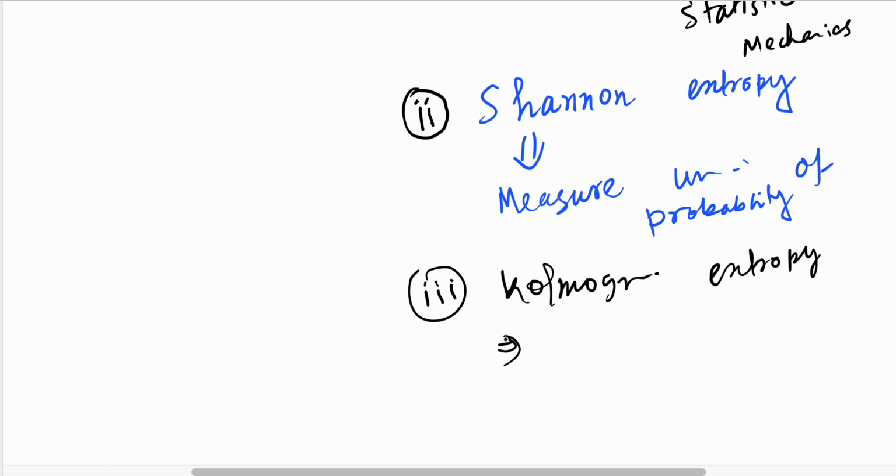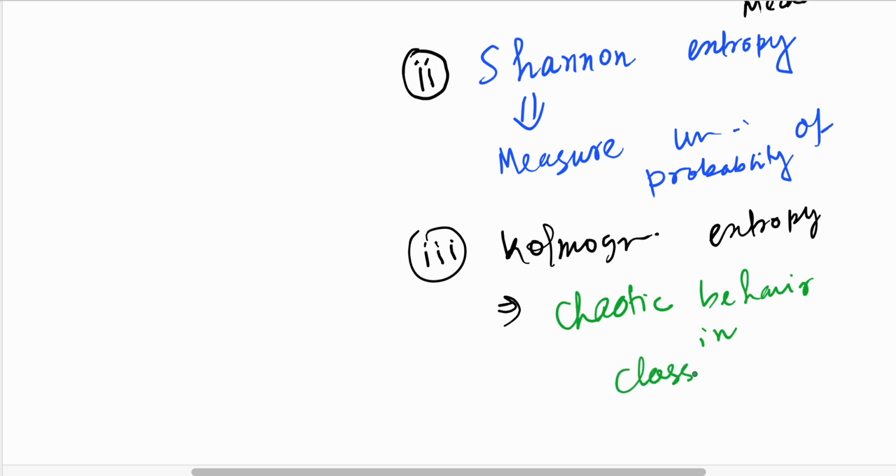It's used in chaos, a measure of chaotic behavior in classical systems.